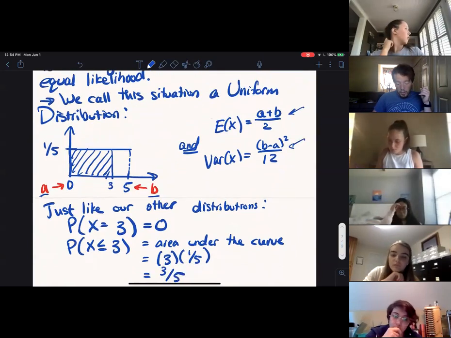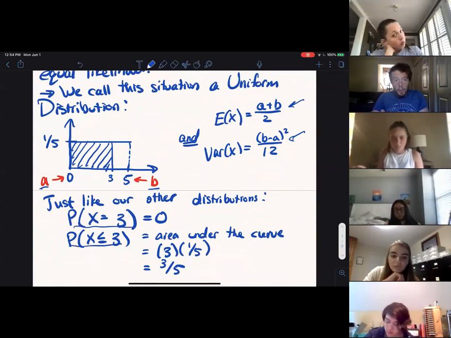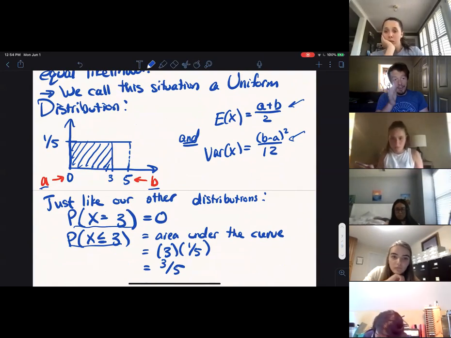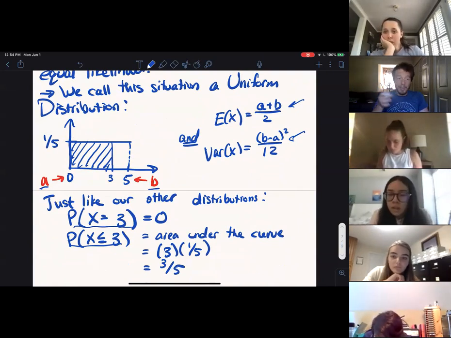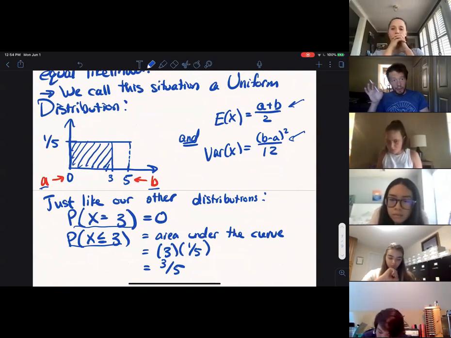And you immediately know how to answer probability calculations like here and here. Just like with our discrete distributions. But now we're doing it with values that aren't taking on whole numbers, but instead taking on any number between a certain range. Okay? So this is just another probability model.